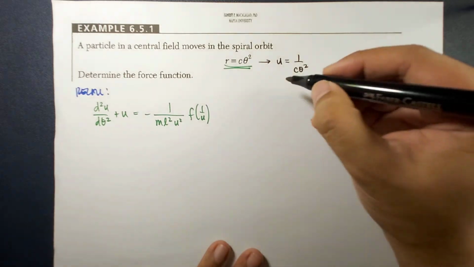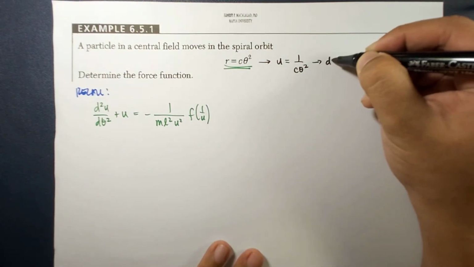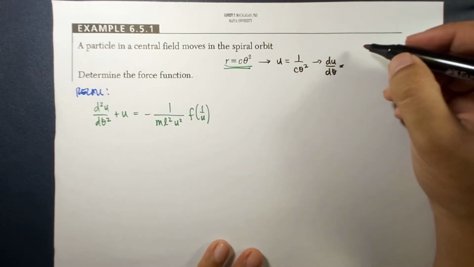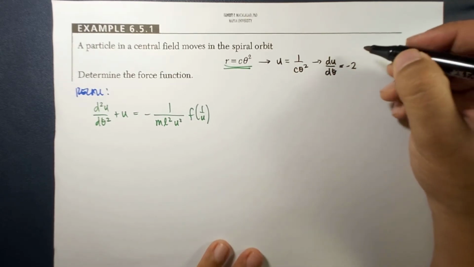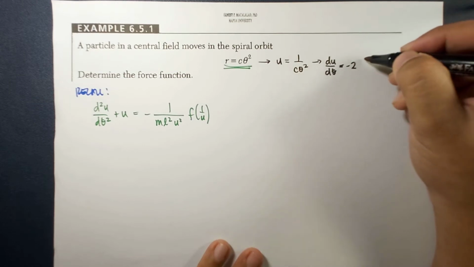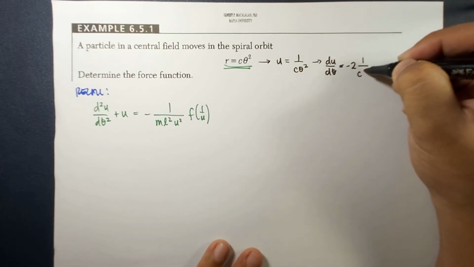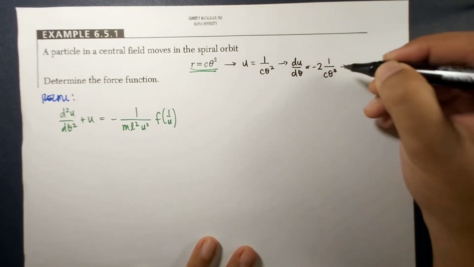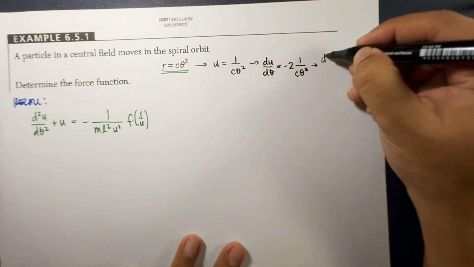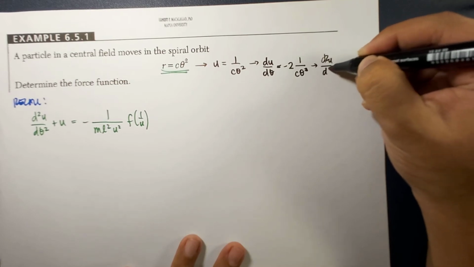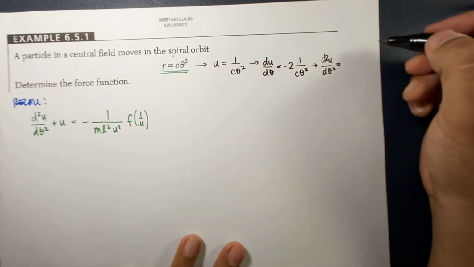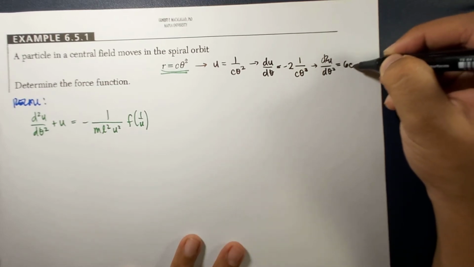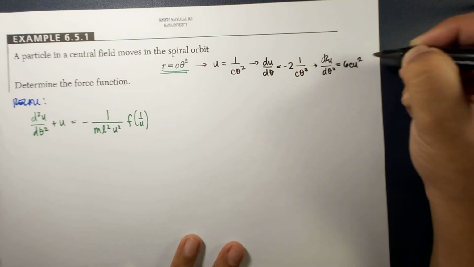So therefore, the derivative of u with respect to theta is now equal to negative 2 times 1 over c theta cubed. And the second derivative of u with respect to theta will now be equal to 6 c u squared.